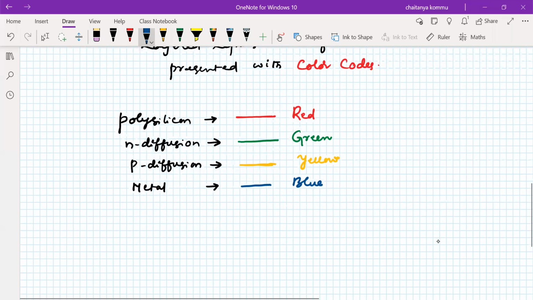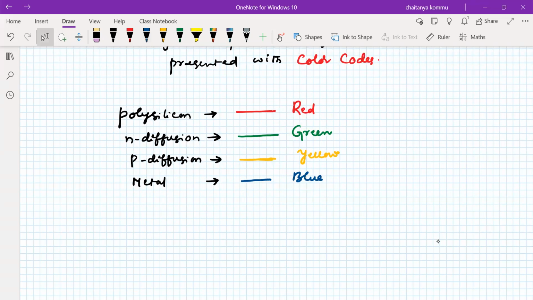Okay. We have the contacts also. For this one, I'm going to use a dot, which is a black color. So a dot we have to use, which is a black color. Okay.